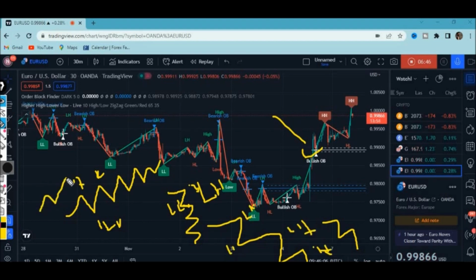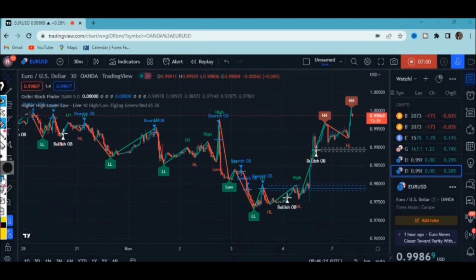When the market is rising just like this, as you can see, we always have higher highs and higher lows. When the market is proceeding to the upside, you notice that the higher lows are respected and the highs are broken. So what do you understand about this? When the market is rising like this and you see that, it simply tells you that's a pullback. So using the order block indicator, what comes to your mind?